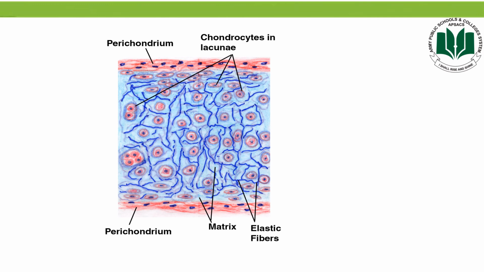And students, you can see one more type of fiber in this diagram, called elastic fibers. Because of these elastic fibers in the matrix of the cartilage, it becomes more flexible compared to bone. As we discussed in the previous slide, cartilage doesn't contain blood vessels, so the question is how the blood is supplied to the cartilage cells.